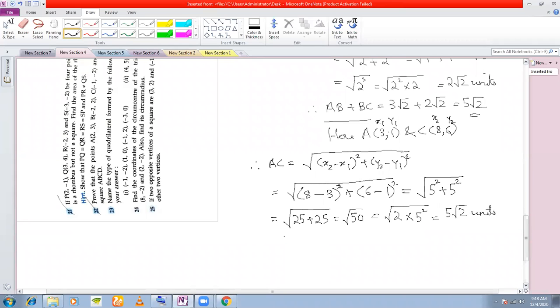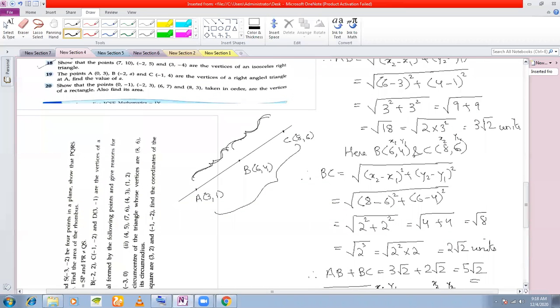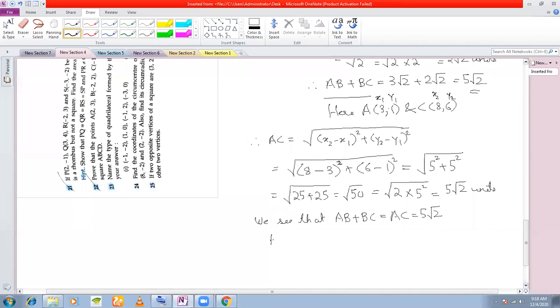So what you see here is, we see that AB plus BC is equal to AC is equal to 5 root 2. Okay, so what have we got here? We see that the sum of these two lengths is equal to this length. Therefore, we say that ABC must be collinear. Hence, A, B, and C are collinear points lying on the same straight line.